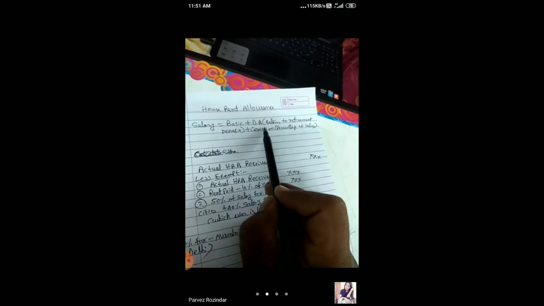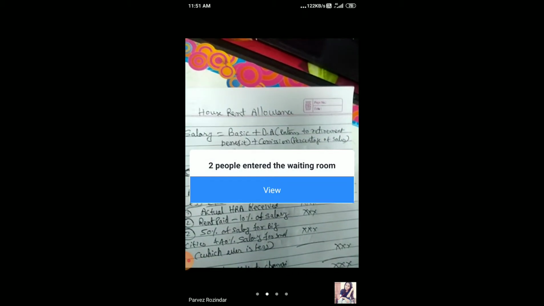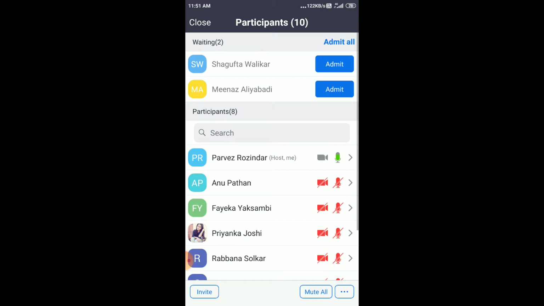This is the salary for HRA: basic plus DA if it enters into retirement benefit plus commission on sales. If you calculate this, then we will come to know the salary for HRA.